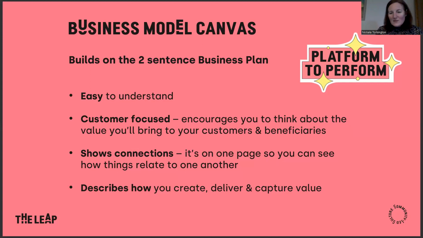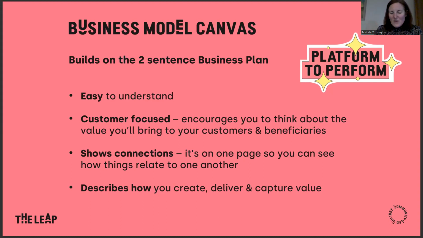So out in the community, think of our community, people who might benefit from what we're doing. It encourages you to think about the value and benefit that you're going to bring to customers and beneficiaries. It starts to show connections as to how the different elements of what you're trying to do relate to one another.